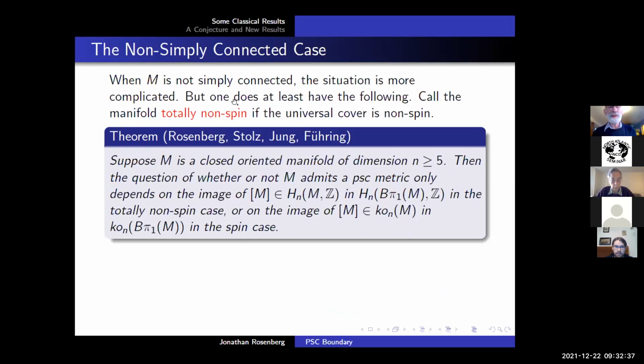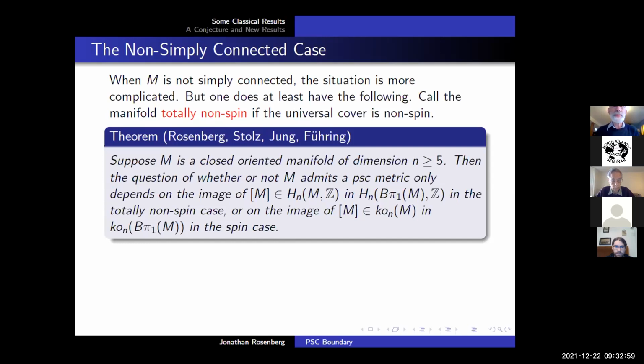So to rule that out, let's make a temporary definition. We'll call a manifold totally non-spin if the universal cover is non-spin. So in this talk from now on, I'm only going to talk about two cases, the spin case and the totally non-spin case. And I won't talk about this intermediate case where the manifold's non-spin but has a spin cover.